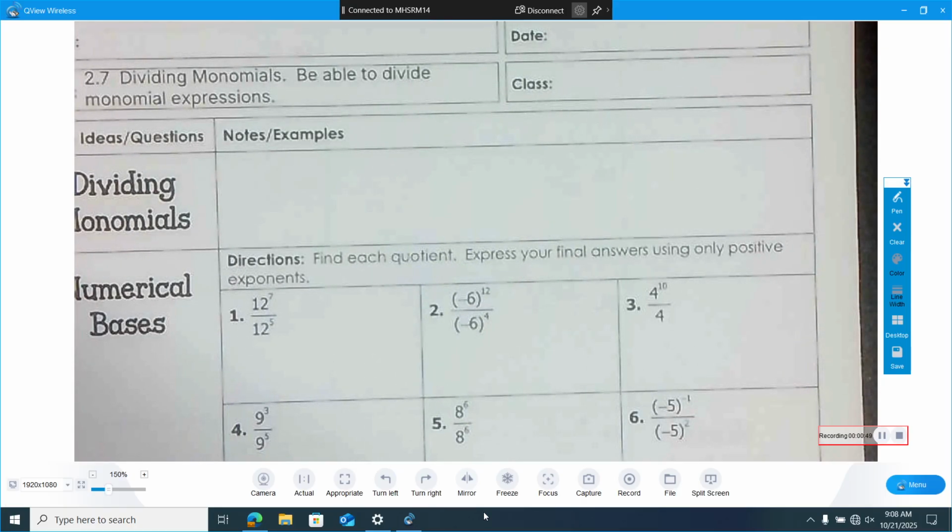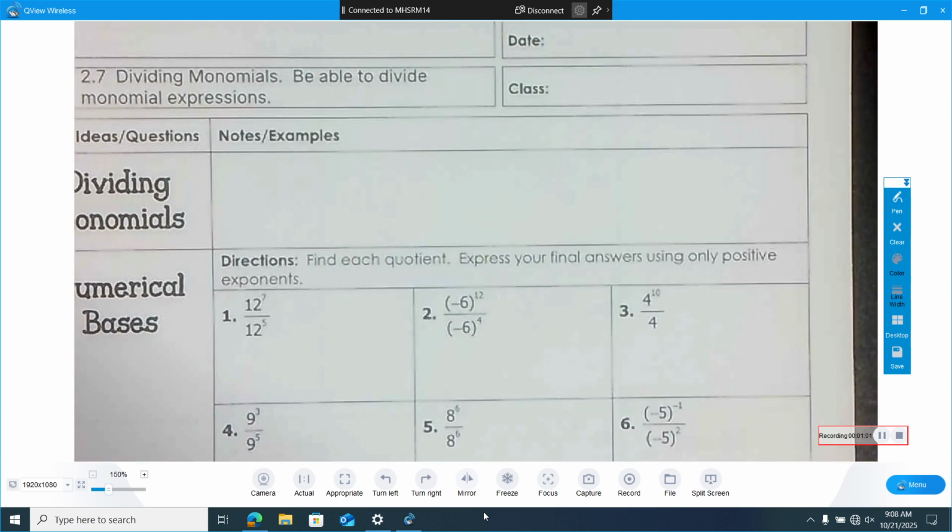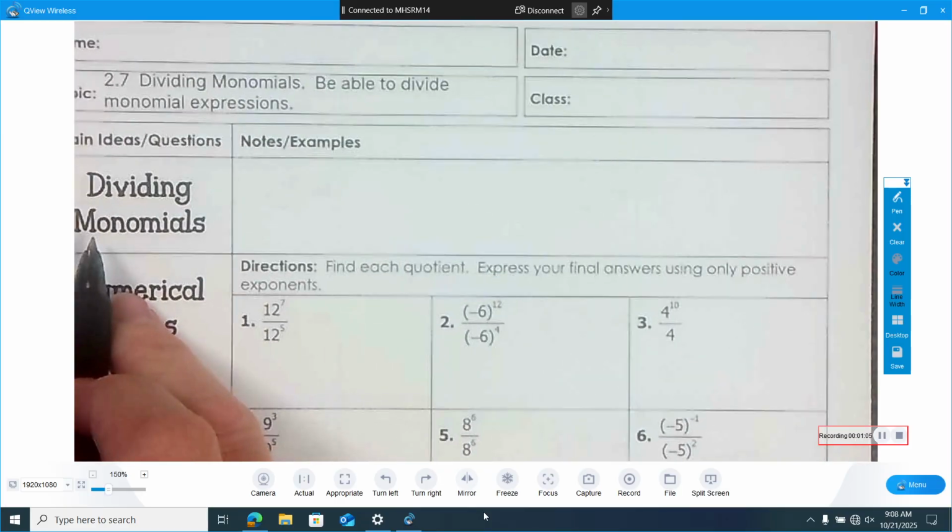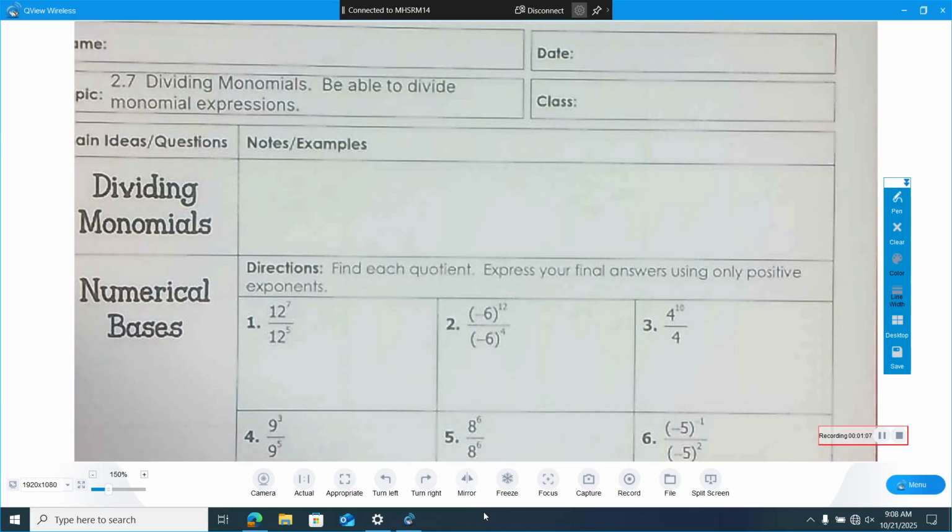Because if you go back to the meaning, all of these rules come from somewhere. They're rules we don't have to memorize, right? As long as we really understand what's happening. So we are dividing monomial terms, and again, monomial is a single term connected by multiplication.